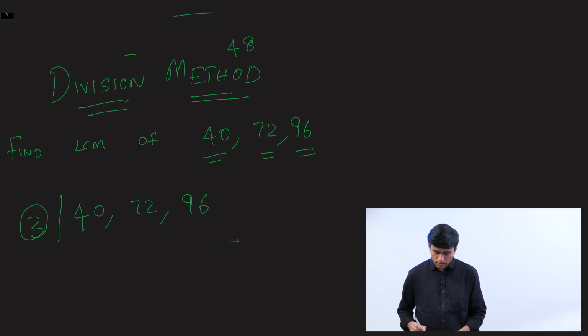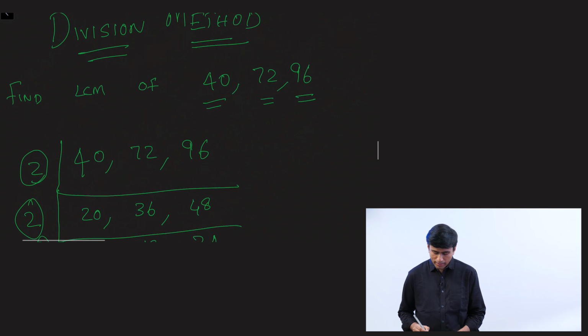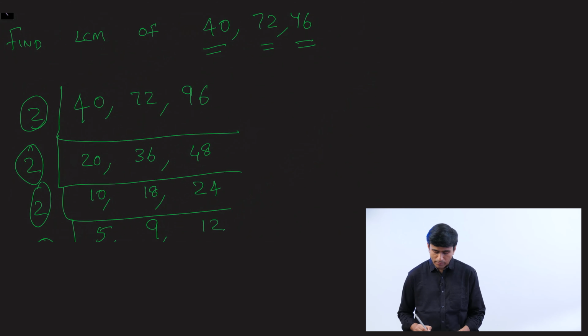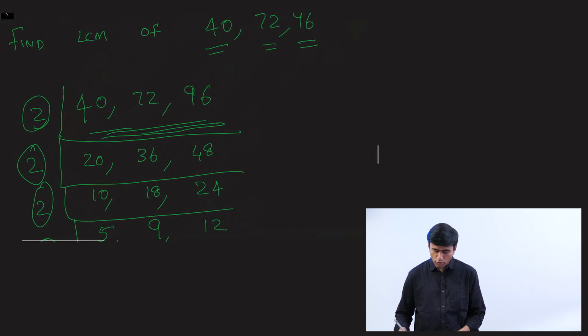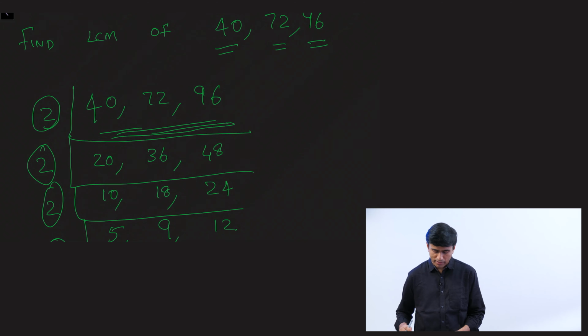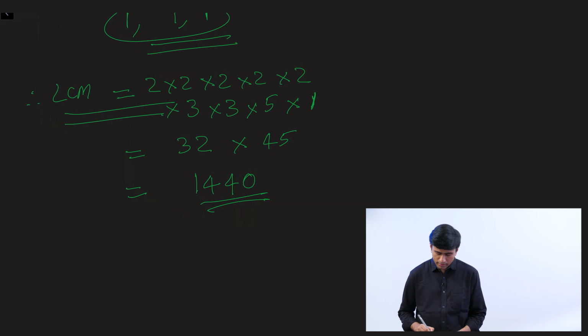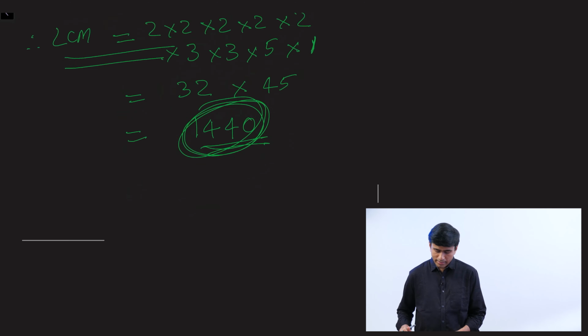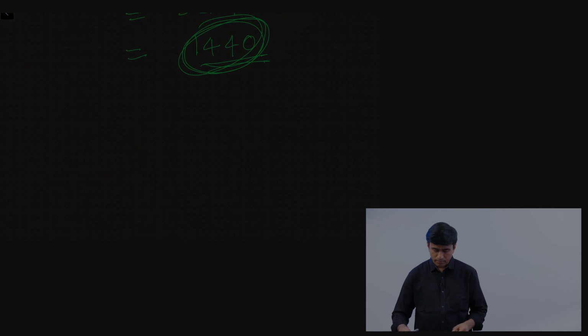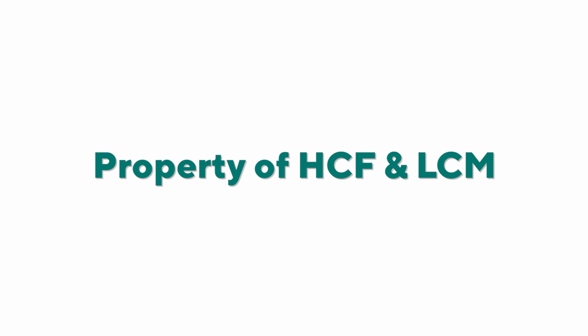In division method, you have to find the prime factors of all the numbers given simultaneously. If 3 numbers are given, you find the prime factors of 3 numbers. If 2 numbers are given, you find the prime factors of 2 numbers simultaneously. And then after that you multiply all the factors and the answer becomes your LCM. So you learned how to find HCF and LCM.